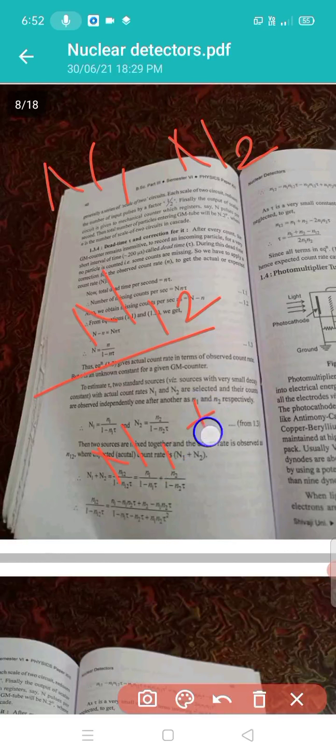N1 plus N2, because two sources are mixed together and hence we expect the actual count rate to be N1 plus N2.